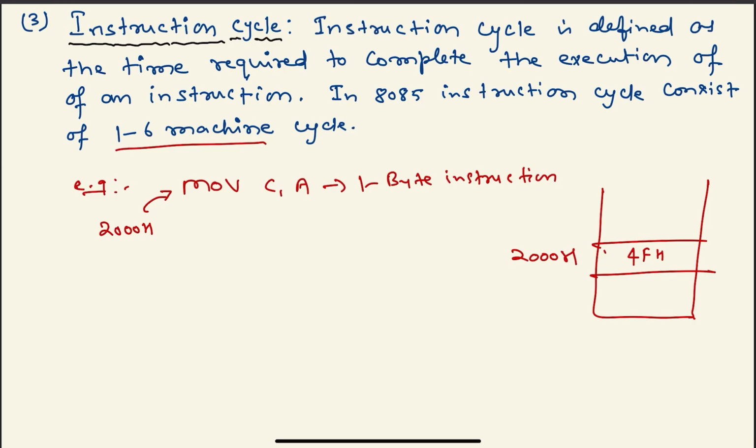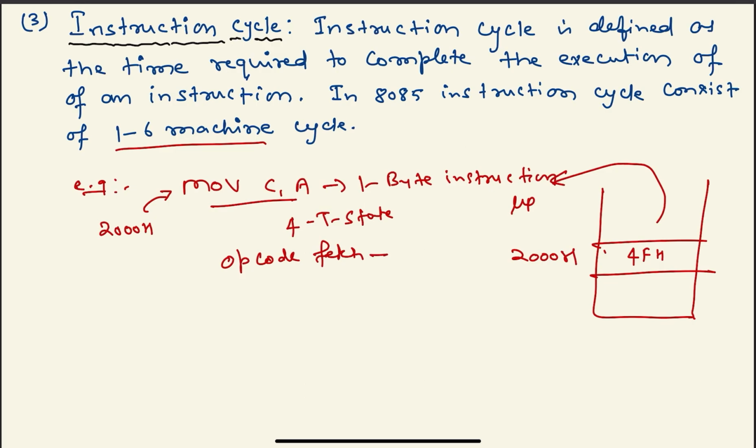Whenever the processor performs opcode fetching, this 4FH data goes from memory to the processor, and it will take 4T states to execute this instruction. For the opcode fetch operation, the minimum number of T states required is 4T states. This operation is called the opcode fetch operation.